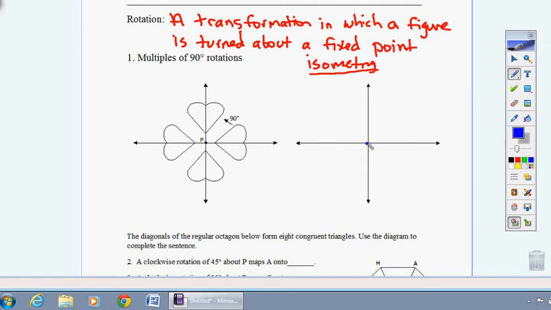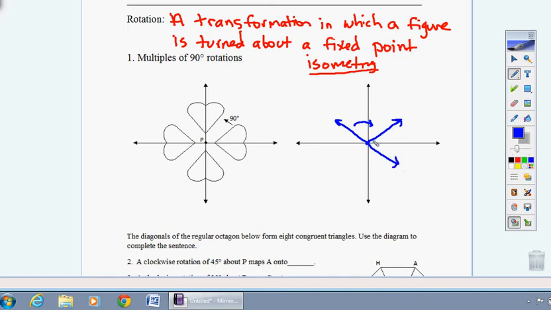So for example, let's say I were to draw, I know it's kind of difficult here, an arrow. If I were to rotate this arrow clockwise 90 degrees, it would look like that. Then if I were to rotate that arrow another 90 degrees, now my new arrow would be right here.